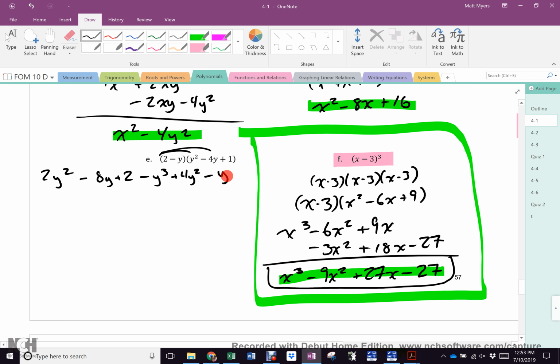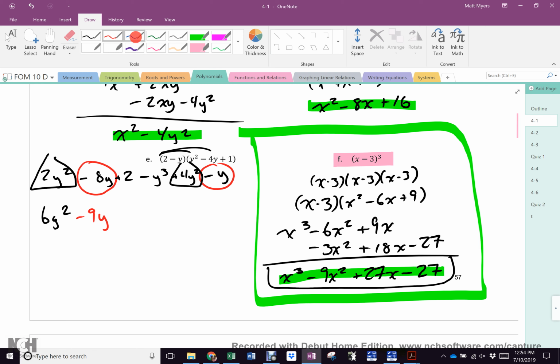And then you'll have been taught to do something like this. Okay, y squareds, they get a triangle. Oh, there's another y squared. So there's 6y squared. Y's, oh, they get a circle. So negative 8y and another y is negative 9y. Y cubes, they get a box. Oh, no other boxes. Negative y cubed. And the last thing left over, plus 2.